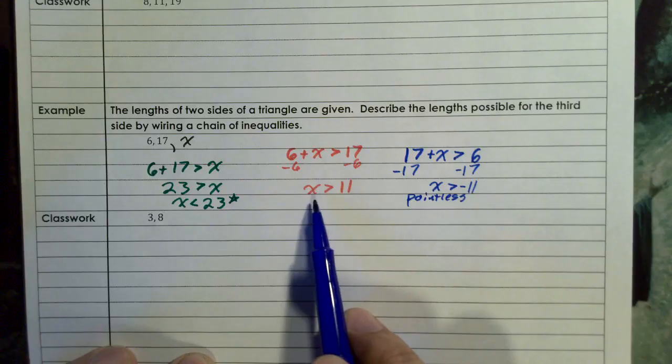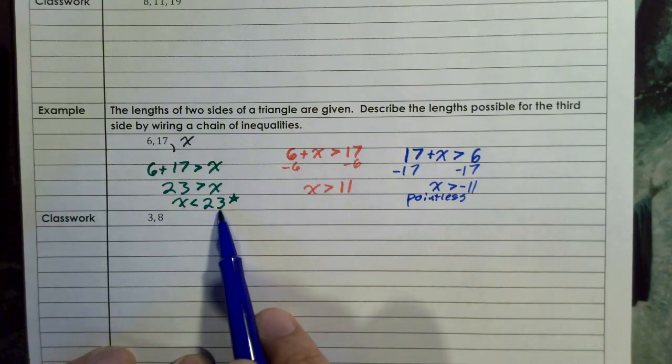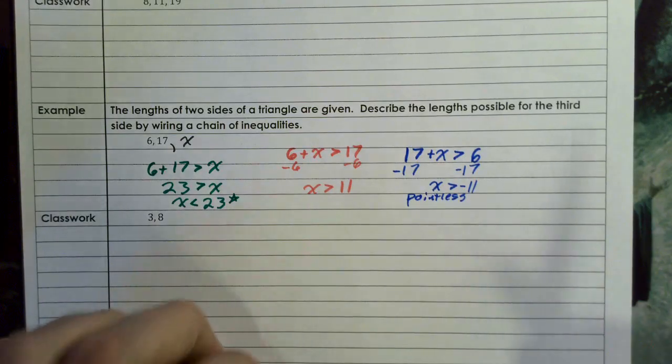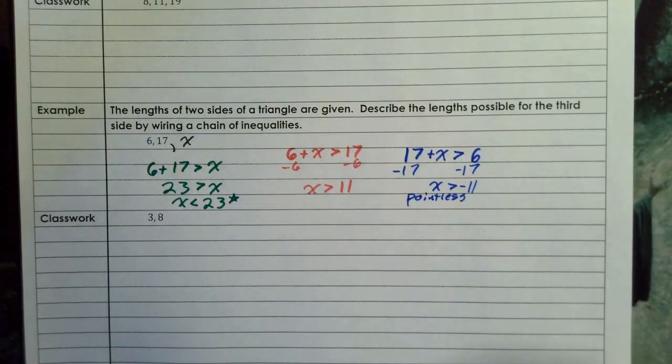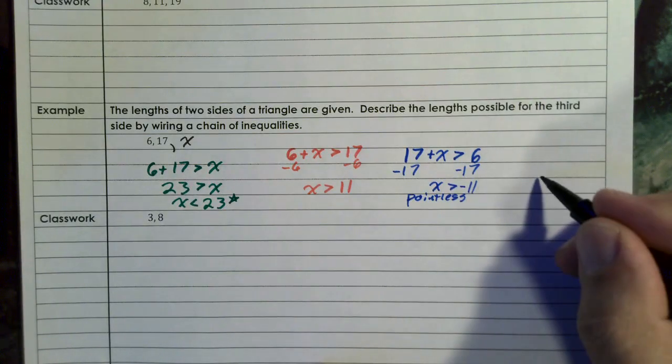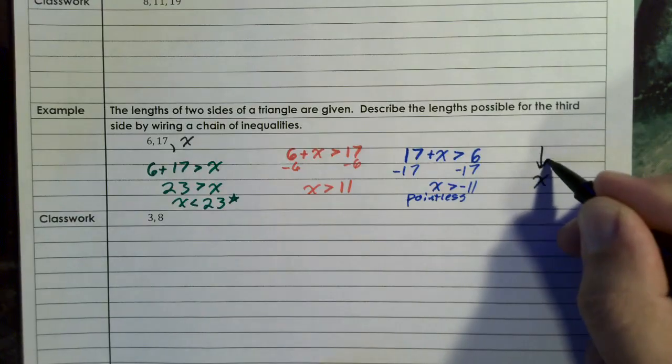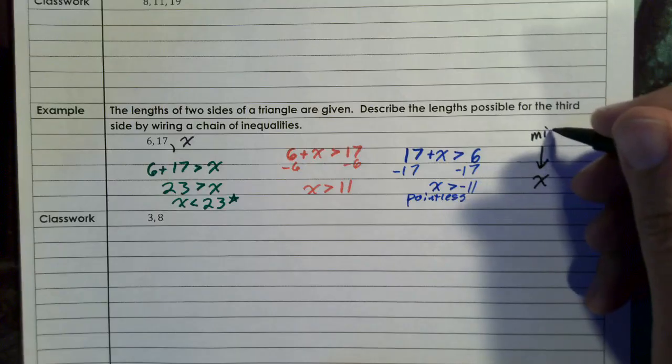So we want to make sure that X is less than 23, and we've got to make sure that X is greater than 11. So to do that, I put X in the middle first. So this should be in the middle every time.